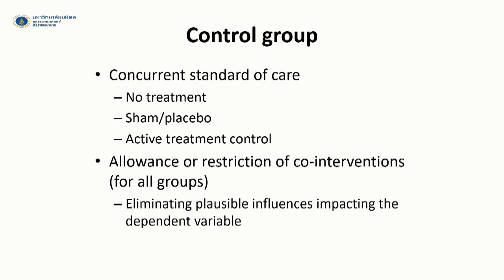Or sometimes, because participants and your study personnel know that this type of patient does not get anything, they can have some kind of bias in taking care of participants. So sometimes we give them a placebo control, like a tablet of vitamins.